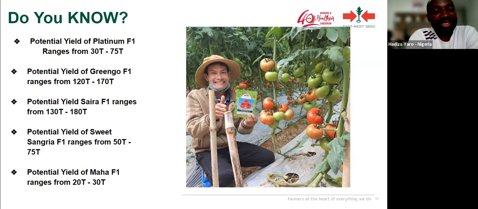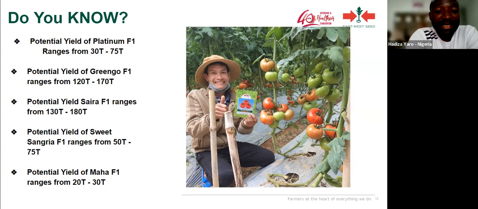The next point is the potential yield for Gringo, which ranges also from 120 tons to 170 tons. Going by this, your yield per plant can be as high as 4.5 kg per plant.